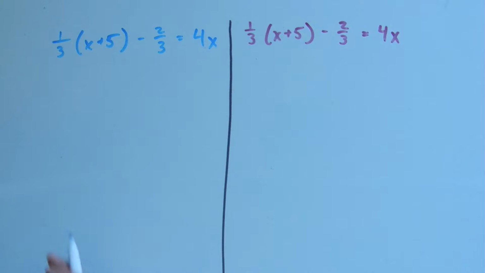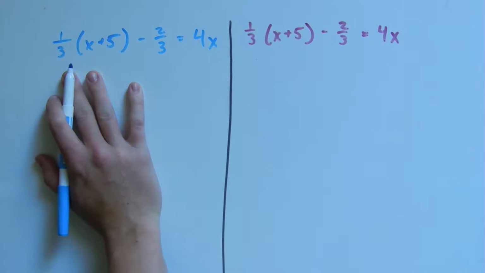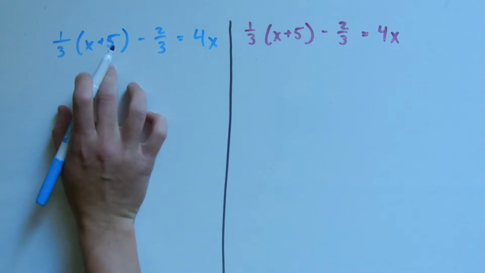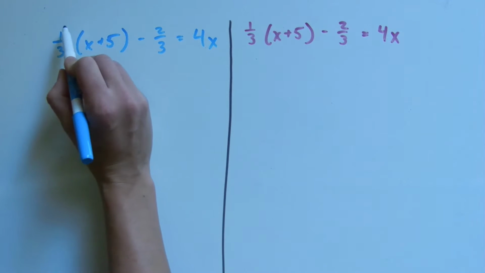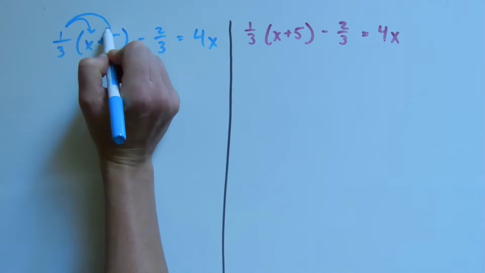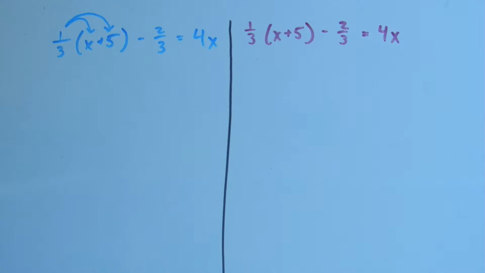If you remember, we can use the distributive property to start. So essentially, we can get rid of these parentheses using the distributive property. So 1/3 gets multiplied to the x, and 1/3 gets multiplied to the 5.